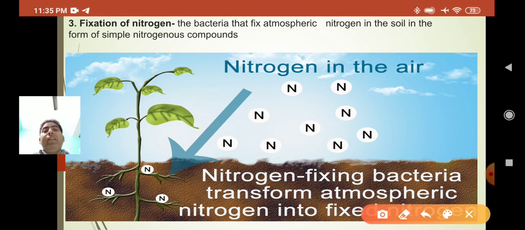Suppose this is the pea plant, and this is the root. In the root you will see a round structure.